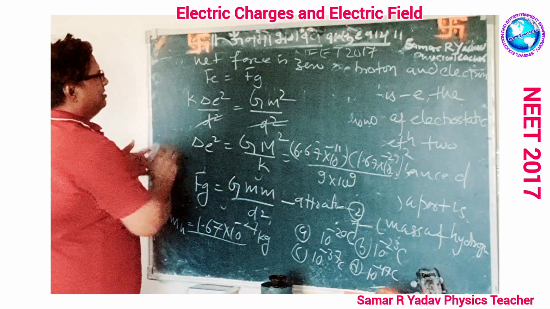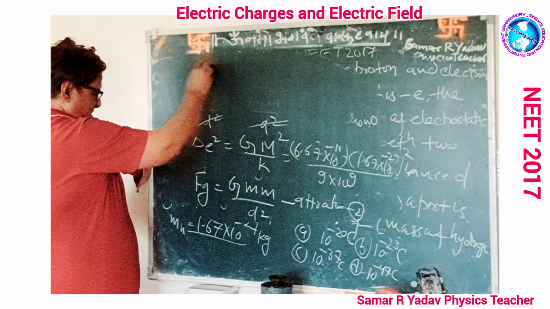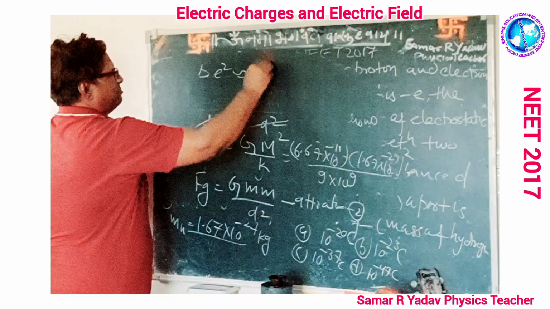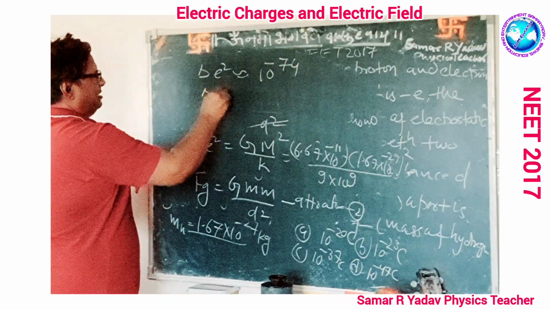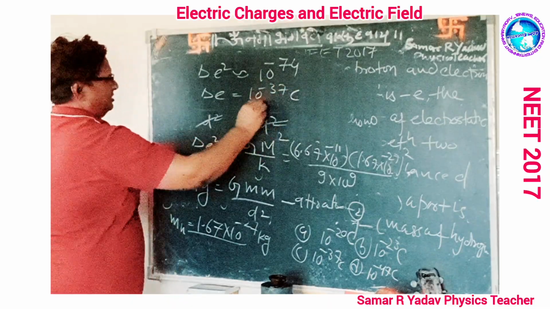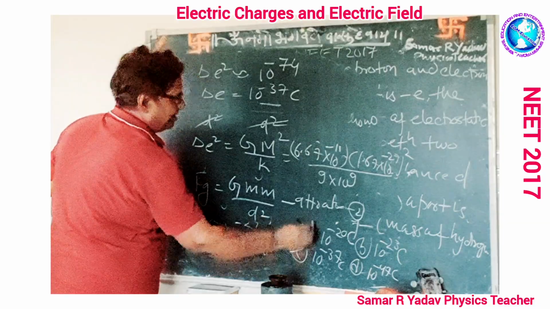Now simplifying this, we get delta e square nearly equal to 10 to the power minus 74. Therefore delta e is equal to 10 to the power minus 37 coulomb. The correct option of this multiple choice question is C.